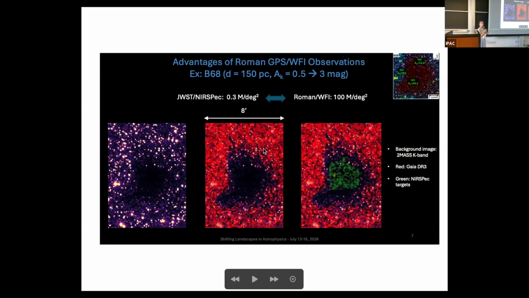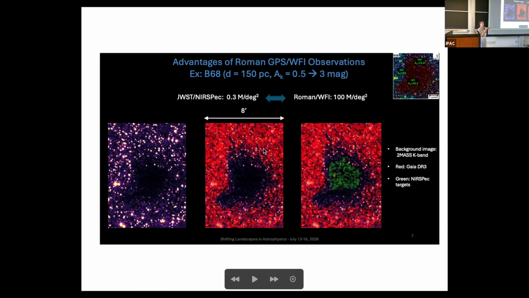Now, if you look at what Roman can actually detect, the estimate is that while for JWST we will have about 0.3 million sources per square degree, in Roman, in the same kind of field, we will have about 100 million sources per square degree. Of course, this is huge.